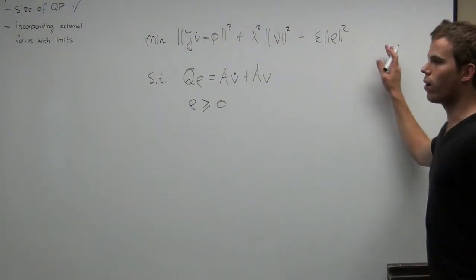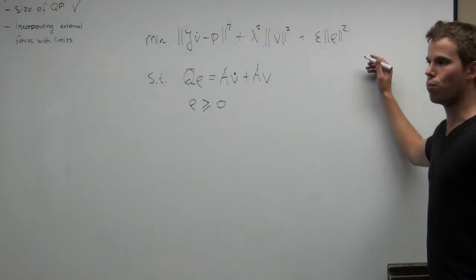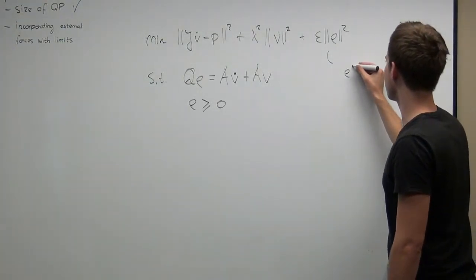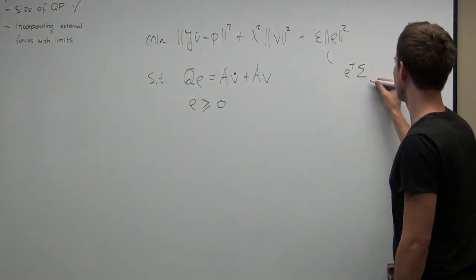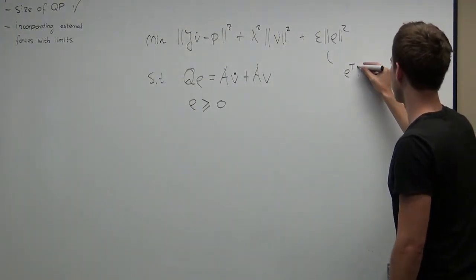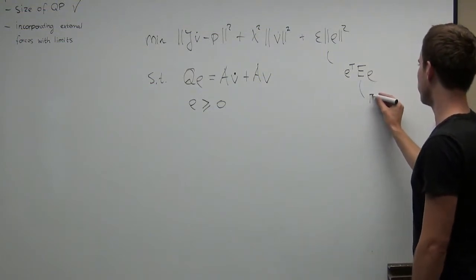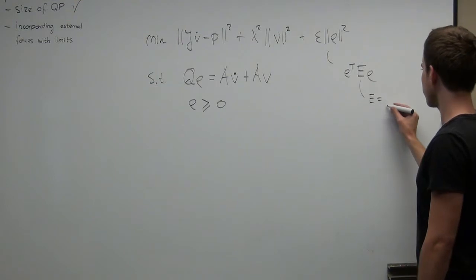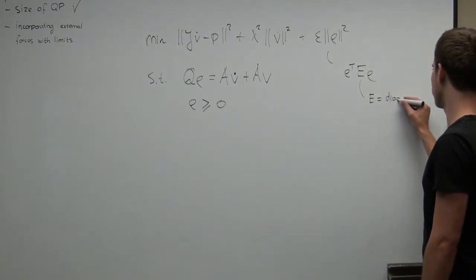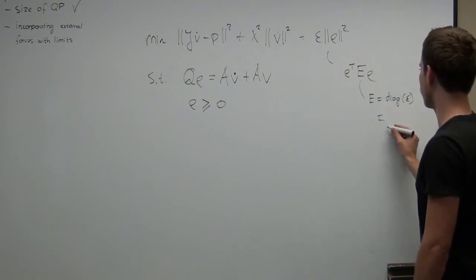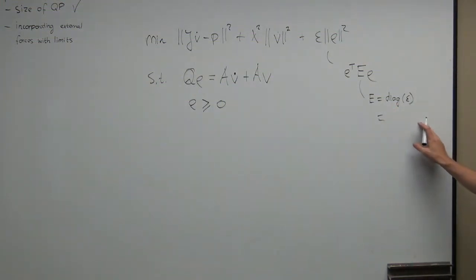And again, if you find certain parts of rho more important than others, you could make this rho transpose times E, or big epsilon, times rho, where instead of this E being diagonal epsilon, you could have another diagonal matrix, or if you want them to be dependent somehow, you could also put that in there.